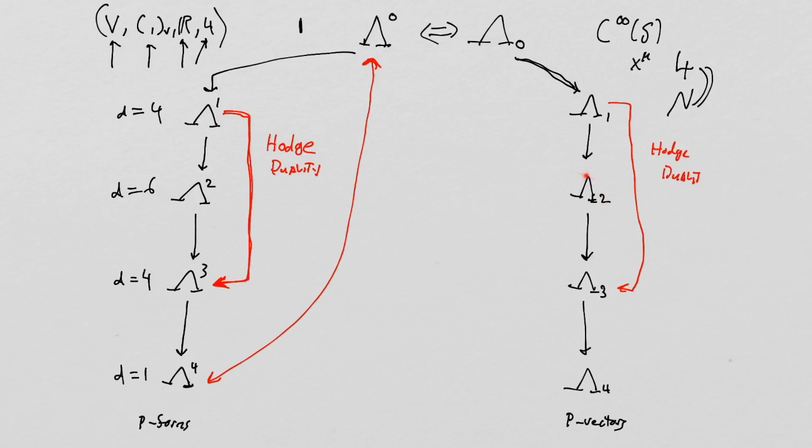This guy doesn't have anybody else that has the same dimensionality. So what about them? Well, it turns out that these spaces are self-dual. So there is a Hodge duality here, but it looks like this, right? There's a Hodge duality like so for this space.